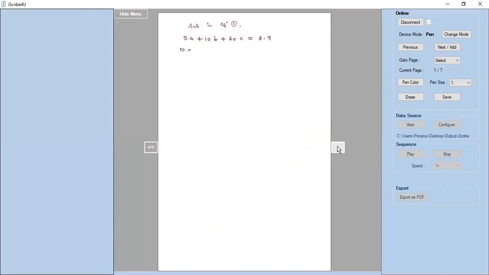Second equation, 10A plus 30B plus 100C is equal to 21.1. And finally, 30A plus 100B, this should have been B, plus 354C is equal to 66.3.